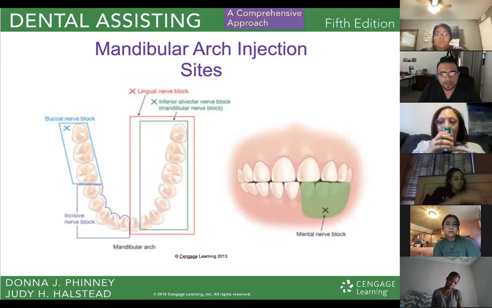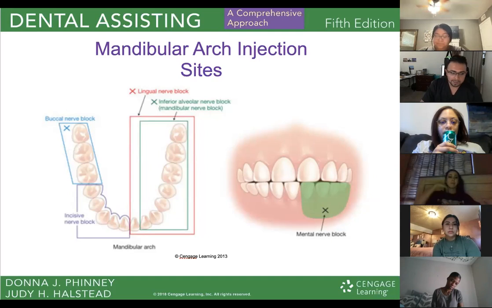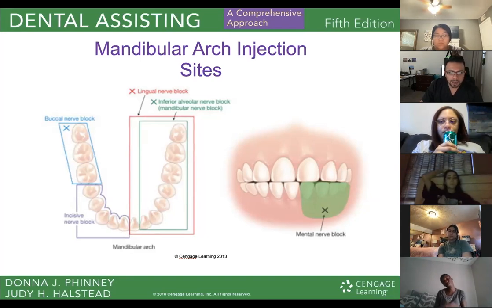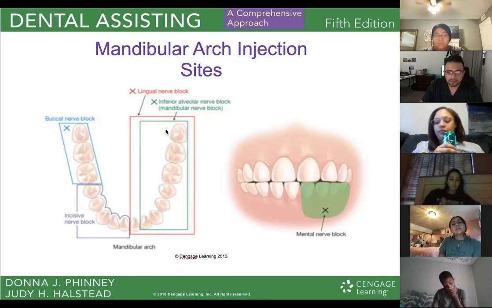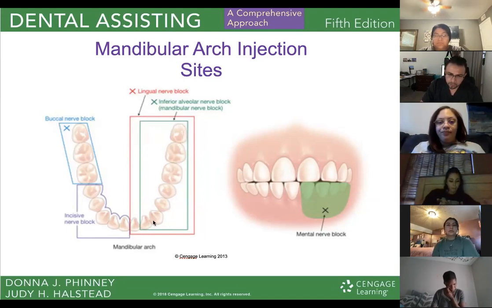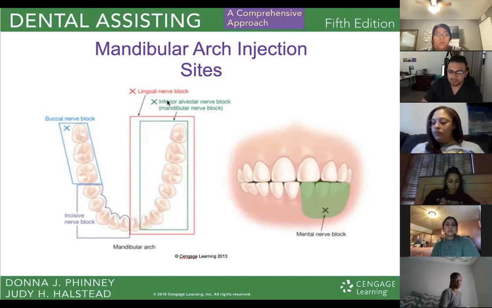All right, this next one covers the mandibular injection sites. The first one is the inferior alveolar nerve block, also known as the mandibular block, and that is this green box that you see here. The injection site is on the ramus, lingual of the retromolar pad.